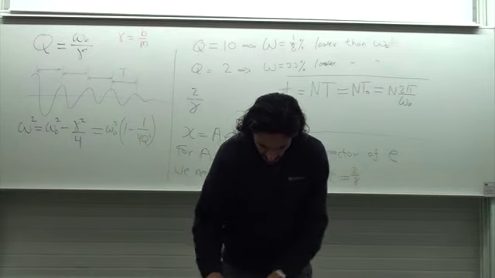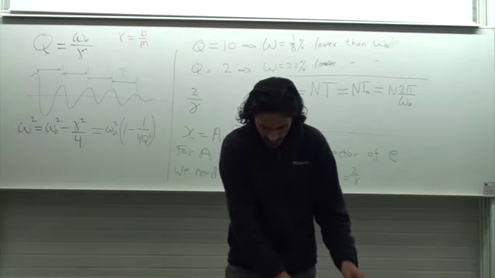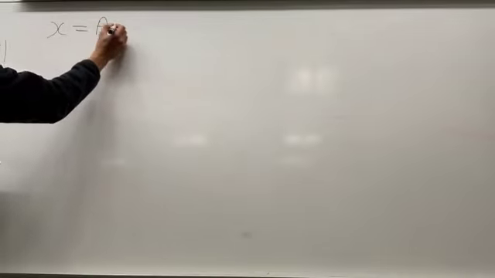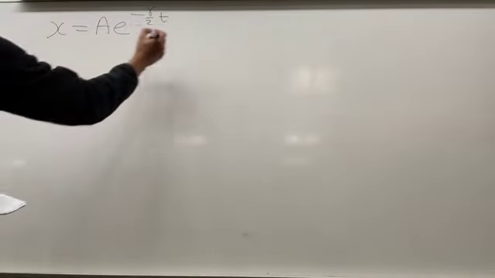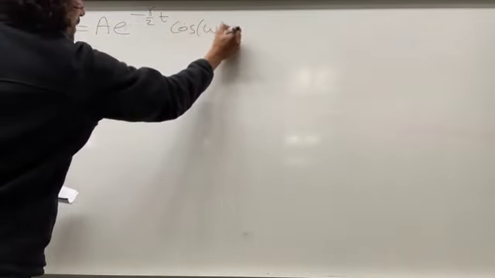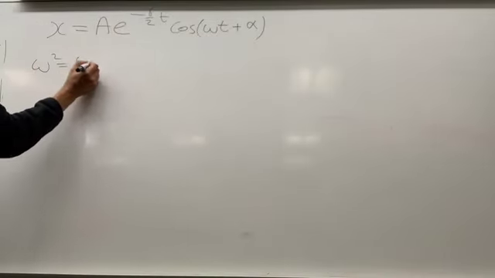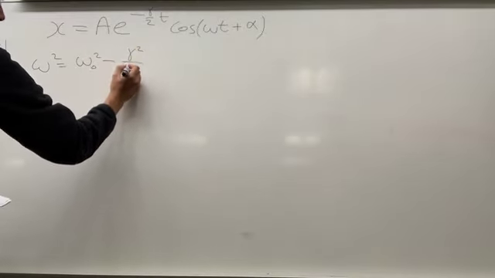The last thing that I want to go over now is the different scenarios of damping. So the solution that we derived is x equals A e to the power minus gamma over 2 times t cosine omega t plus alpha, where omega squared is omega 0 squared minus gamma squared over 4.